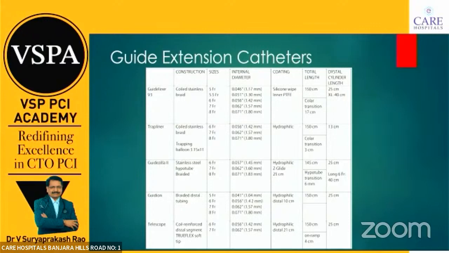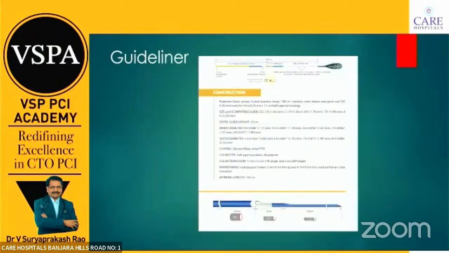Next, please. So the guide extension catheter for a CTO angioplasty is a very, very important thing. If you want to do a double balloon, you have to choose a 7 French, but people like me who do transradial CTO always go with a 6 French. Sometimes we go with a 7 French, but that is one of the limitations.